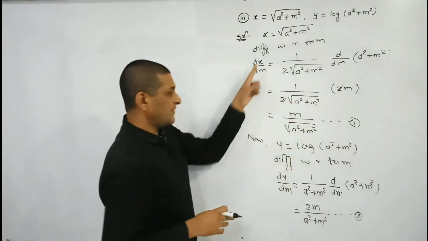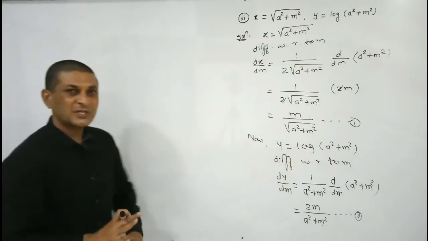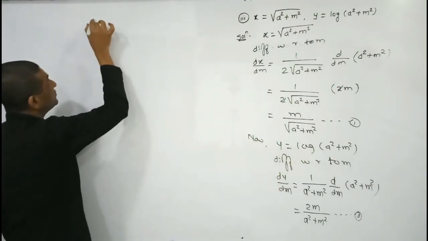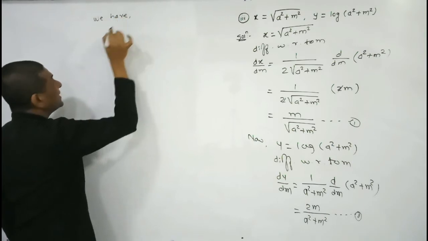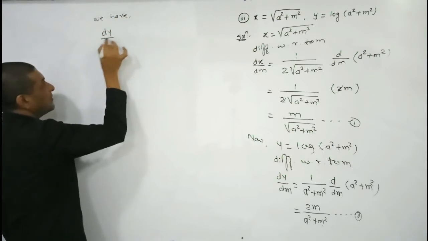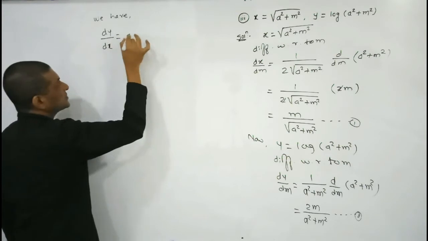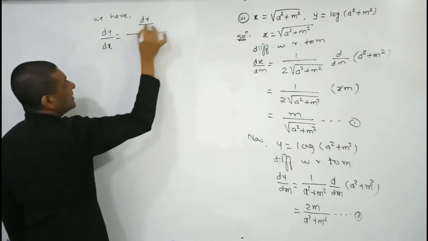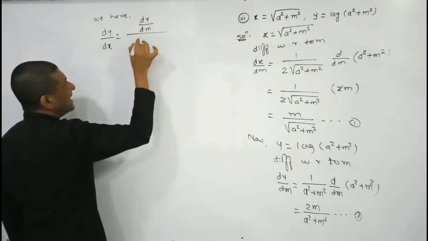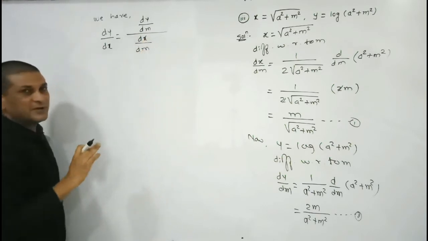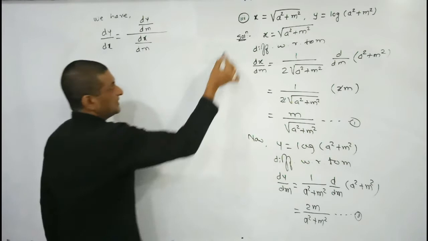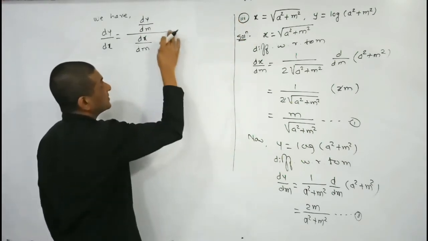Once the derivatives of x and y are known to us, now use the formula to find the derivative of a parametric function. We have a formula that dy upon dx will be equal to dy upon dm divided by dx upon dm, because the parameter we have denoted by m here. In this example, the parameter is denoted by m.